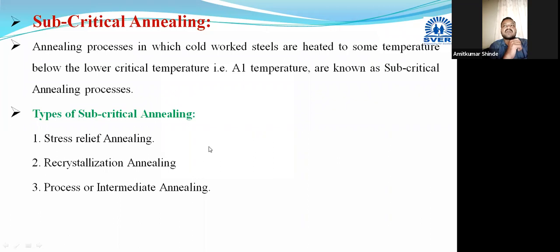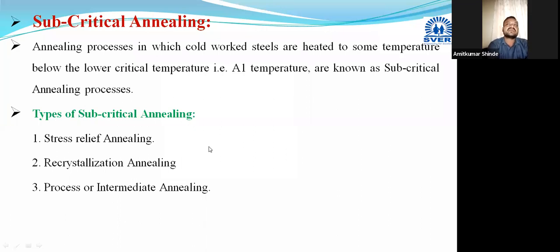Here, formation of new grains is occurring: new stress-free equiaxed grains. Old grains are broken and new grains are formed, and hence we get a little finer structure. More toughness will be there in this recrystallization annealing.